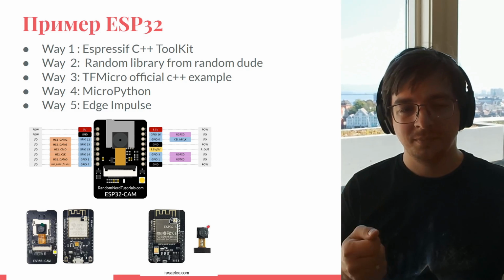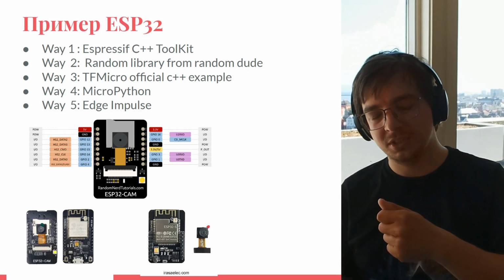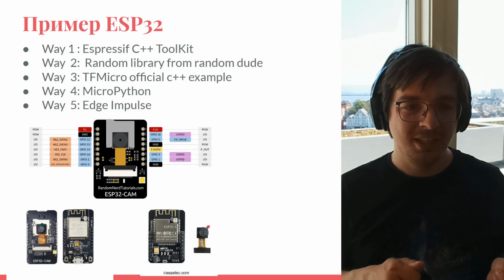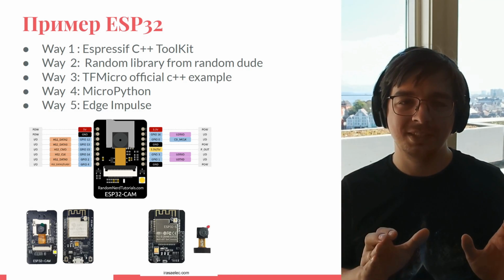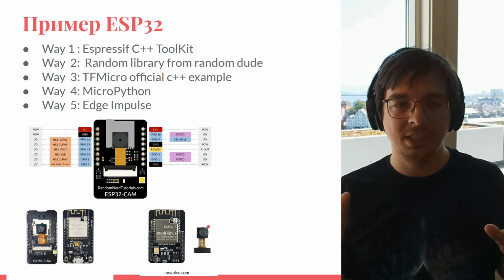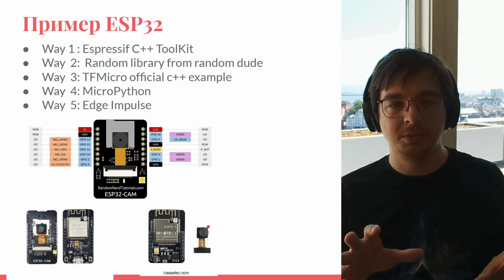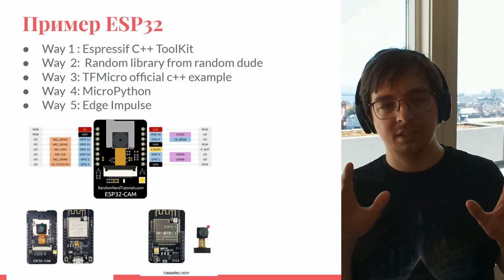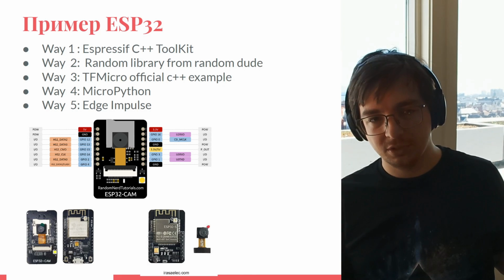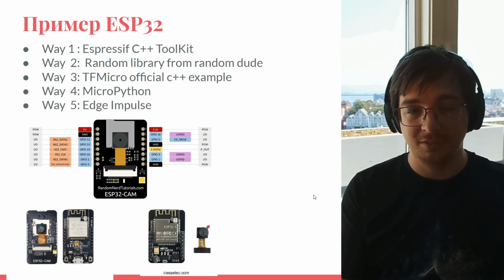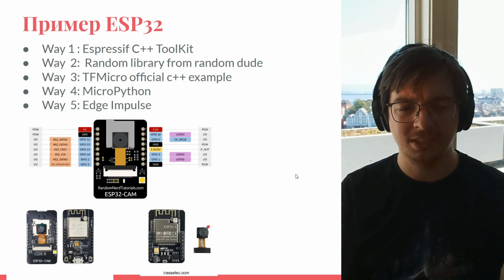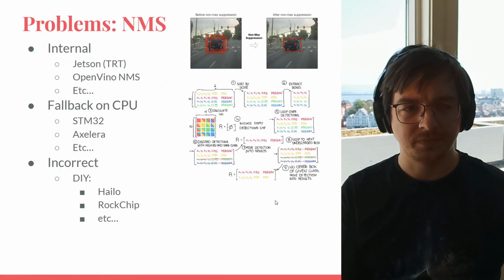It's just a board that can run neural networks, but I want to show that there can be a lot of different ways. Specifically for ESP32, you can run your models in five different ways, and for each one of them, the process will be completely different. I don't want to go deeper right now, I just want to mention this.